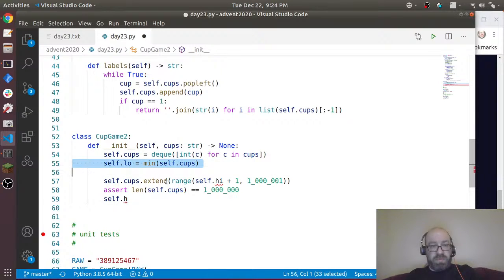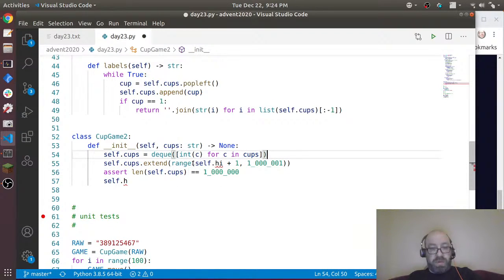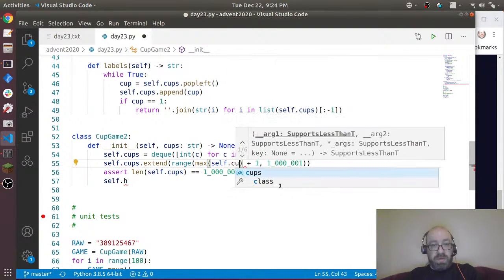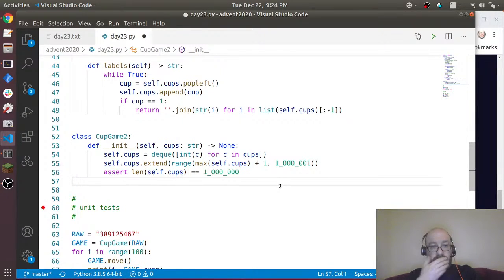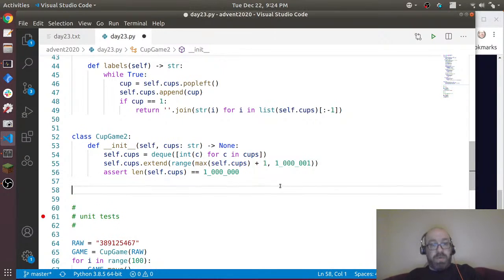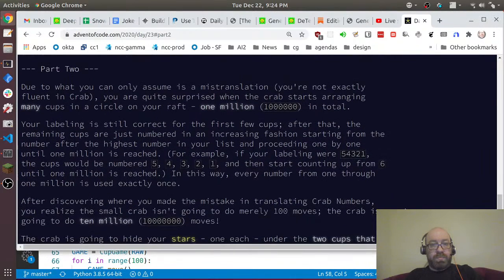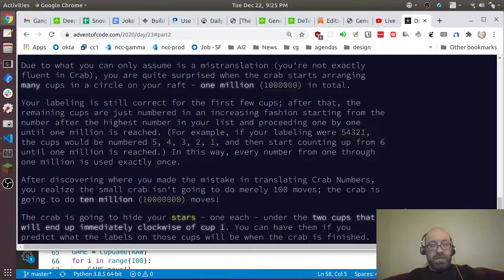Okay, so we extend it, and let's assert len self.cups equals 1 million. Okay, so we've got that covered.